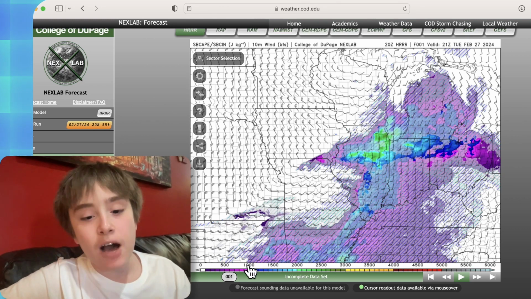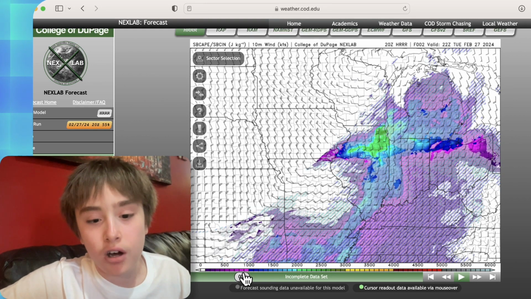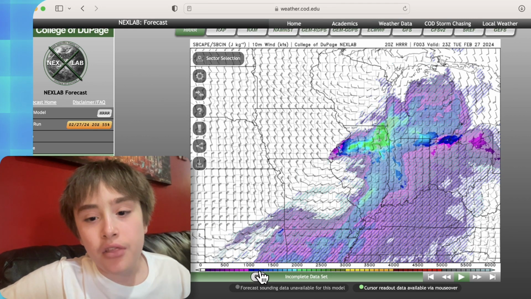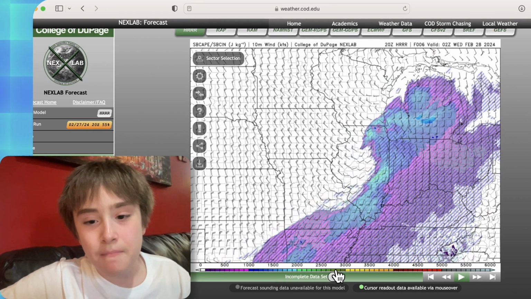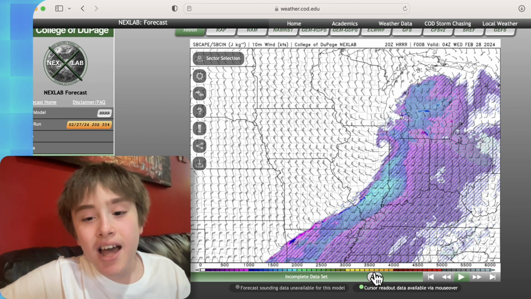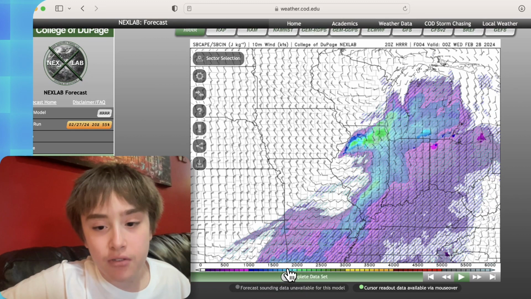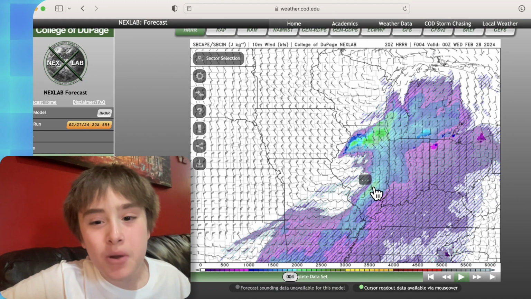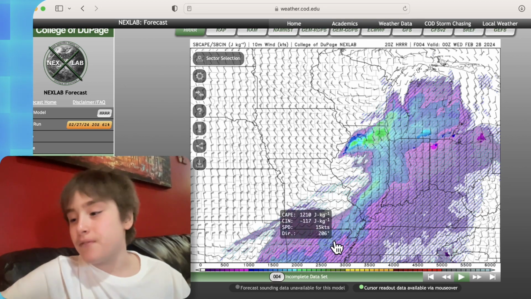But realize right now, it's only a small area that is uncapped. That doesn't last for long, though. As you see, this area down here also begins to maybe see some small uncapping, but actually, the main reason why these storms are developing down there is because even without the cap, there's still a lot of energy.